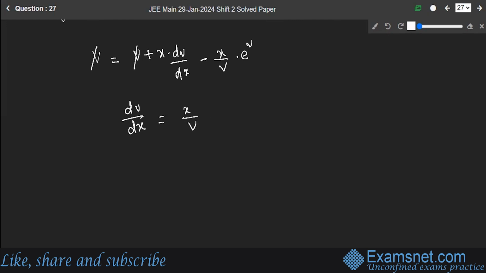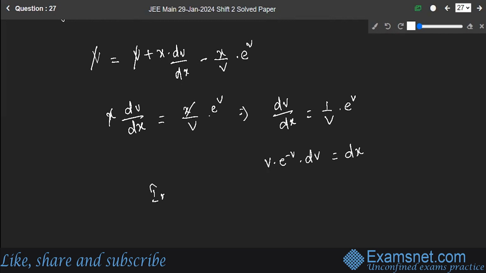This will be equal to x upon v, and this is x. This and this will also cancel. You will have dv upon dx is equal to 1 upon v into e power v, or you will have v into e power minus v into dv is equal to dx. Let's do integration on both the sides now. So integrating both sides.